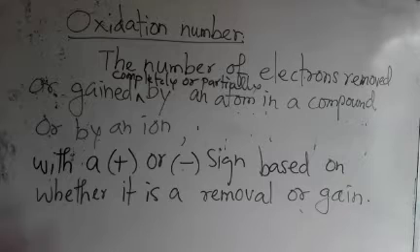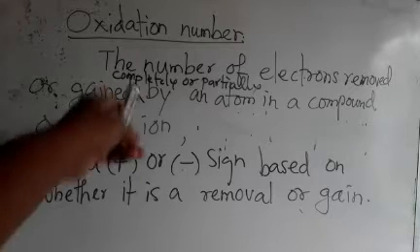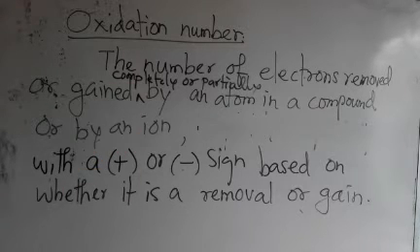Now we know that if zinc removes electrons, a zinc 2+ ion is formed. So 2+ means electrons are removed. Positive sign is for removal of electrons, while negative sign is for gain of electrons. Completely or partially means, if hydrogen and oxygen are considered in water, they share the electrons since that is a covalent bond.